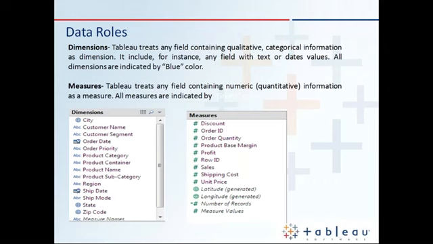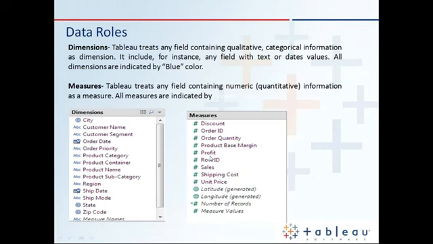Okay. So dimensions: Tableau treats any field containing qualitative and categorical information as a dimension. It includes, for instance, any field with text or date values. All dimensions are indicated by blue color. Tableau treats any field containing numeric information as a measure. All measures are indicated by the hash symbol.